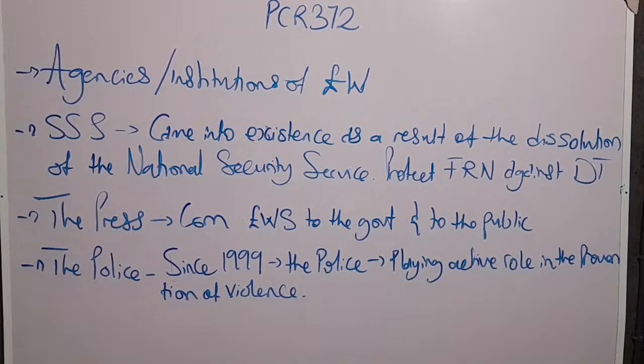If not for the Nigerian police, the level of violence in Nigeria might even be too much for the military to handle. Basically, the military is to protect the country from external aggression, while the police is responsible for the internal conflicts and settlement of issues. So we have that as that.